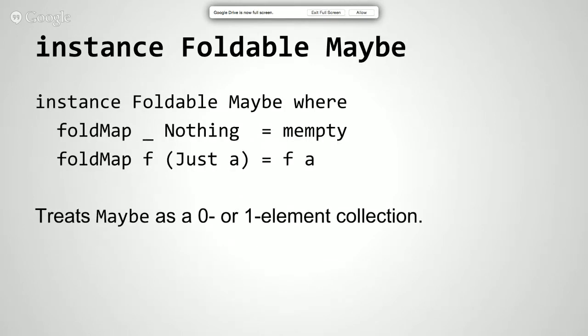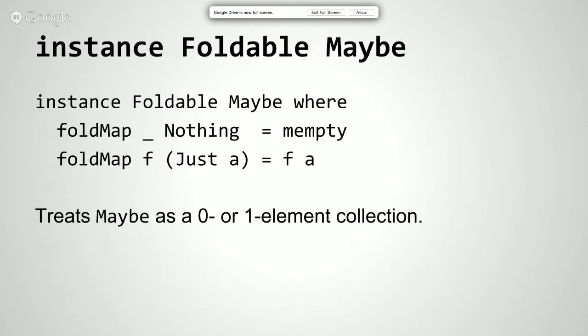And finally, Foldable Maybe, and there are a few others like this. FoldMapping anything on Nothing is mempty, and if you foldMap f on Just a, you're going to apply f to a. So you're treating Maybe as a 0 or 1 element collection, which kind of makes sense.